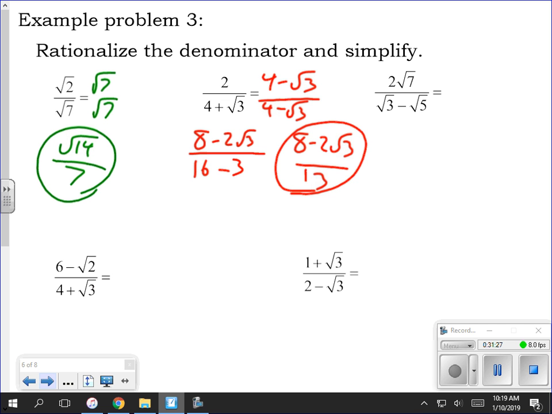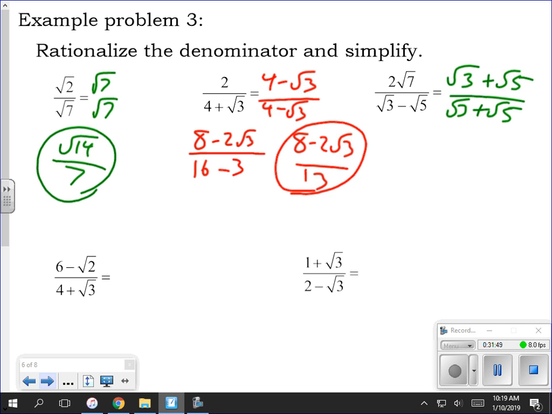Next one, same idea. Multiply by the denominator with the sign between the two numbers changed. So I multiply by root 3 plus root 5 over root 3 plus root 5. My numerator on this is simple.